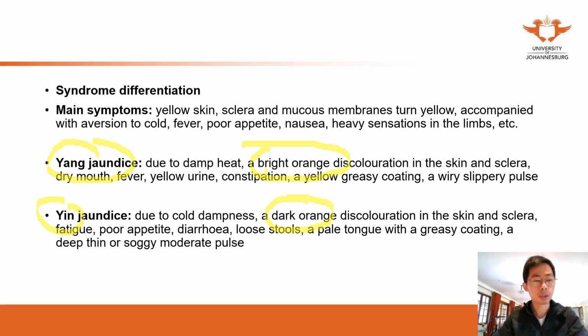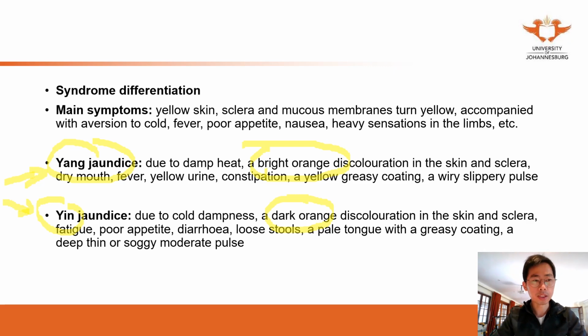This is very important, so you have to memorize it. Even if it's not in the notes, you need to add those sentences that I have mentioned. This is also very important for your test because you must know how to identify them in order to have a correct treatment, because these two are in two different categories. One is yin, one is yang, and your treatment principles will be very different.